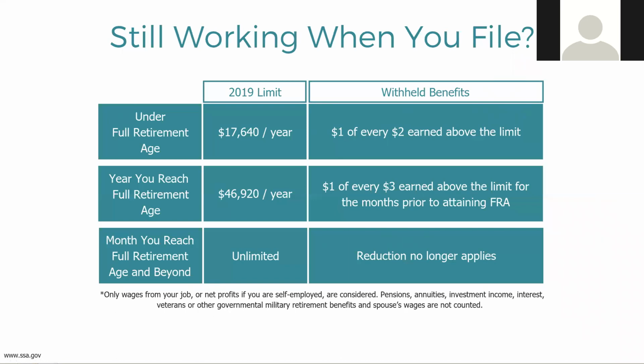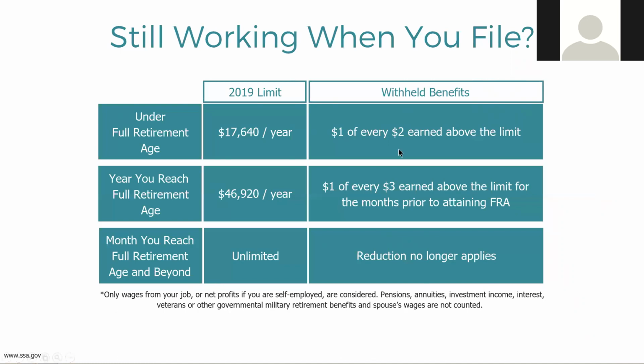So if you file early and you are still working, so you have wages from a job or net profits from self-employment, your benefits may be reduced, or a portion of your Social Security benefits may be withheld.